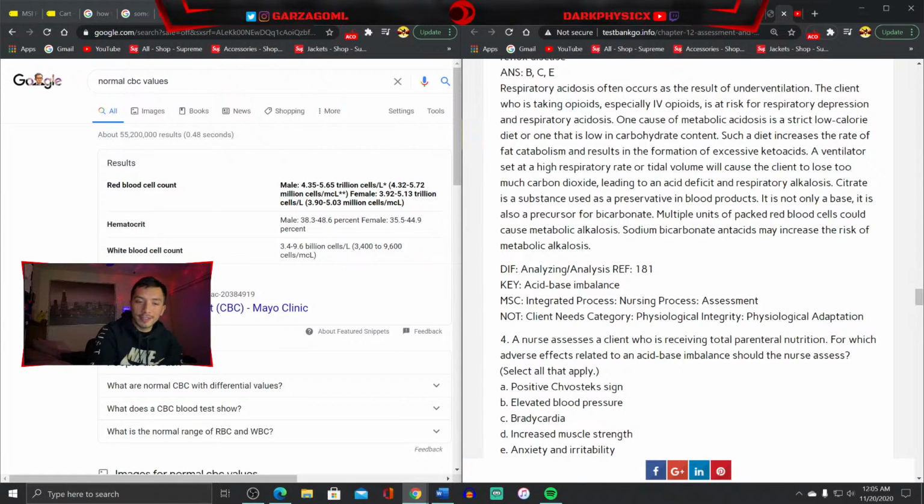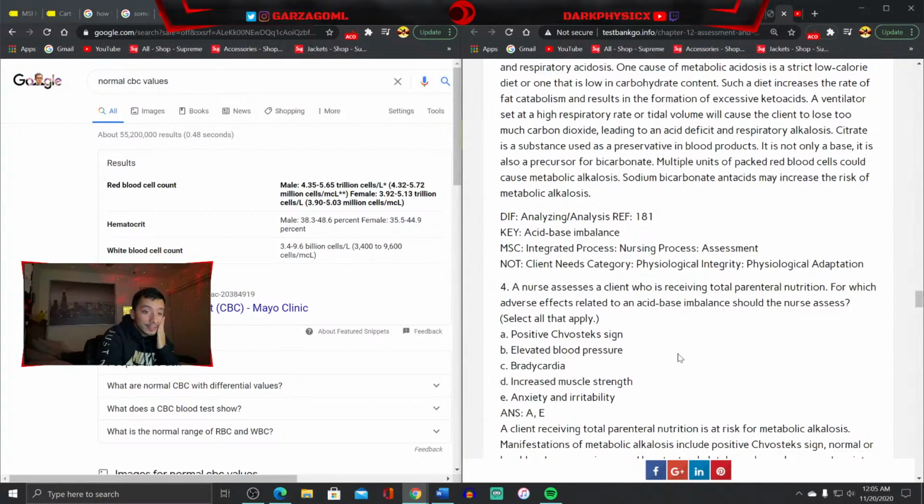I'm sorry. I swear to God, if it's... Let's see. A and E. It's Chvostek's. So this person's on TPN, which can cause metabolic alkalosis. So both alkalosis, respiratory and metabolic, cause Chvostek's?